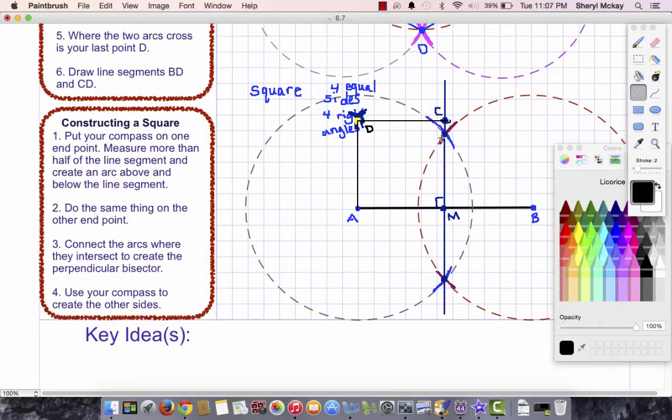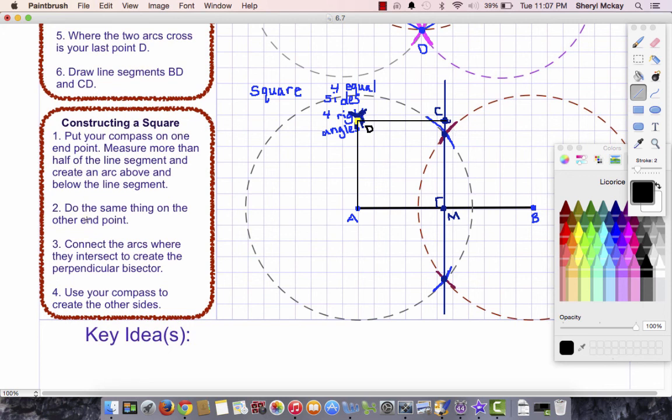The only other thing you might want to play around with is you could try folding A over onto B, and actually you would end up folding on this perpendicular bisector, and you could see how you are crossing over the perpendicular bisector if you want to play around with that a little bit. I've got all of the instructions.